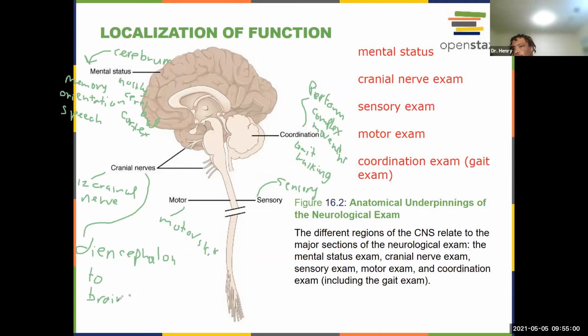And then also your olfactory nerve, I'm sorry, olfactory connection nerve, to your forebrain.